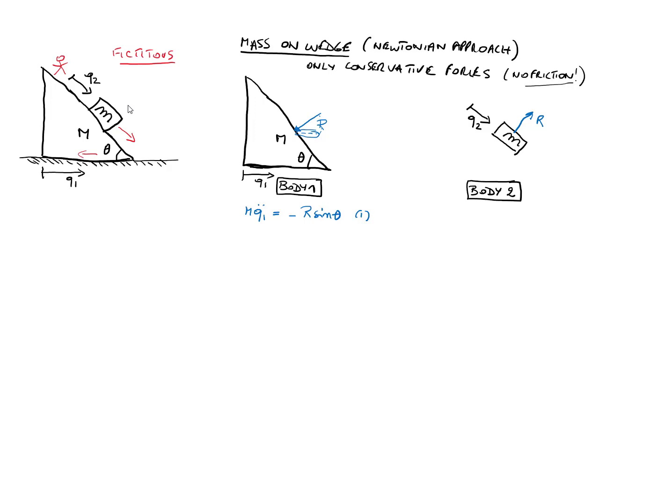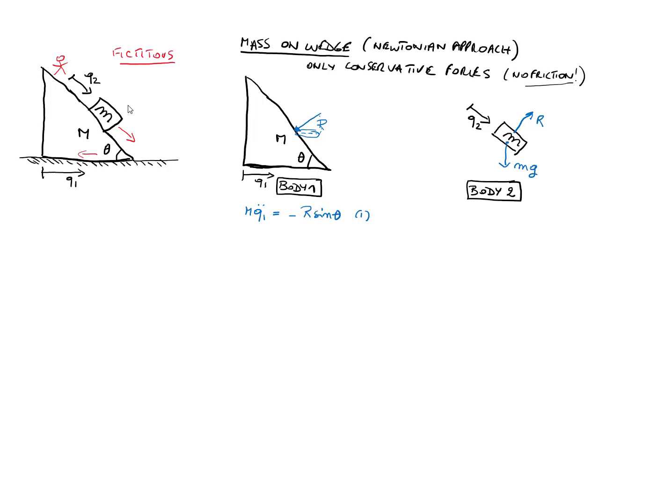Let's go and have a look at our second free body diagram. I already have drawn the reaction force. Of course, the second force that will be acting over here is gravity, and it will be pointing downwards.